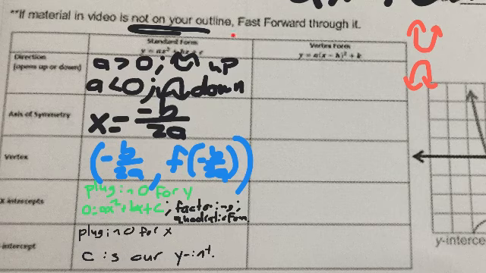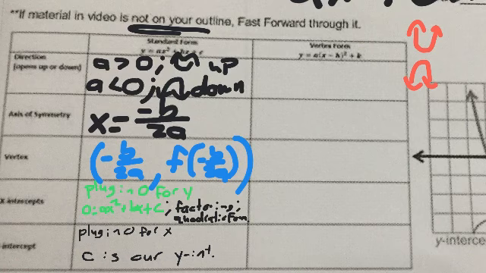Okay, so now we're going to talk about finding all of these same things except for what if my graph was now in vertex form. So again, vertex form looks like our transformations that we were working on, where we have y equals a times x minus h squared plus k. So first we want to know, is there a reflection or direction? The direction of my parabola is determined by, was there a reflection or not?